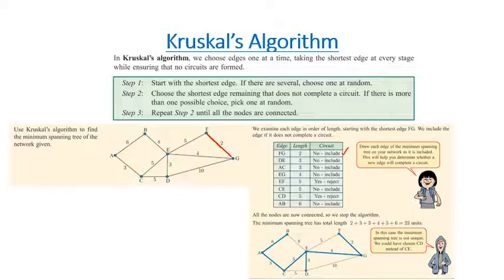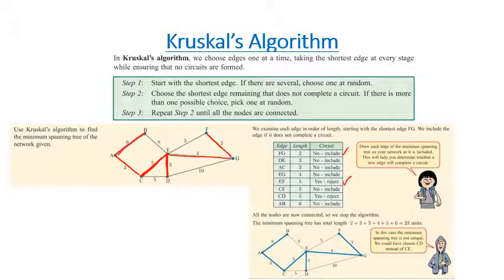We look at the different lengths. We've got all the lengths in our table here, and we include the edge that does not complete a circuit. So it looks like the smallest edge is here. We don't want to include E to F, we reject that because it's going to make a circuit. This is our smallest one here, so we're going to have something that looks like that. We're also going to have something that looks like this, and then we go up and around to there.